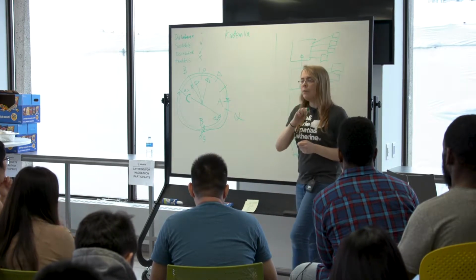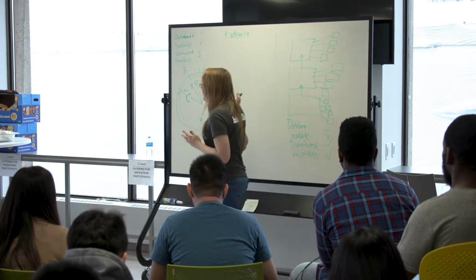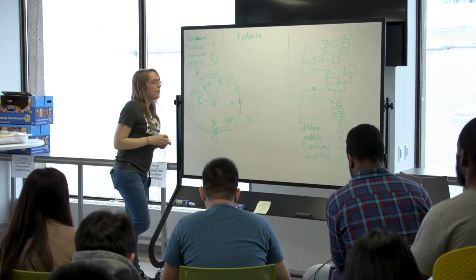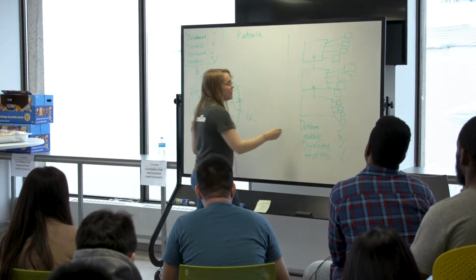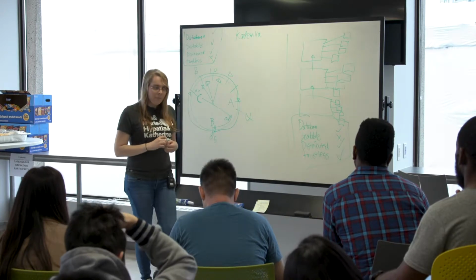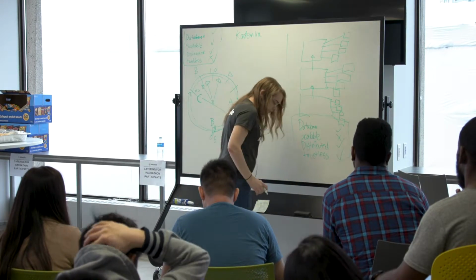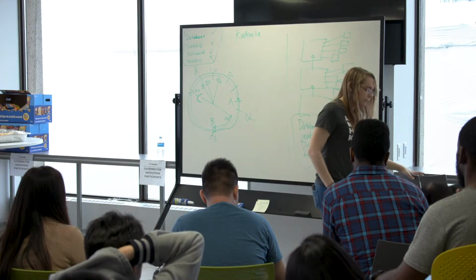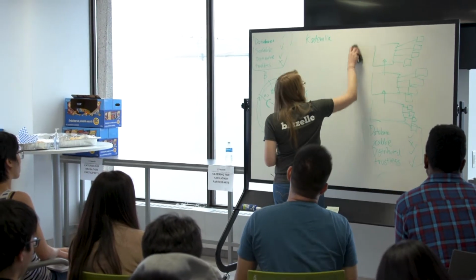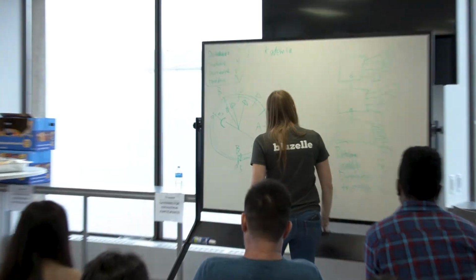So, our core goal is to combine these two concepts. Because this one gives us all the things that we want, except it's not trustless. And this gives us all the things that we want, except that it's not scalable. Our problem with Cord was that we couldn't trust a node to do what we said it would.